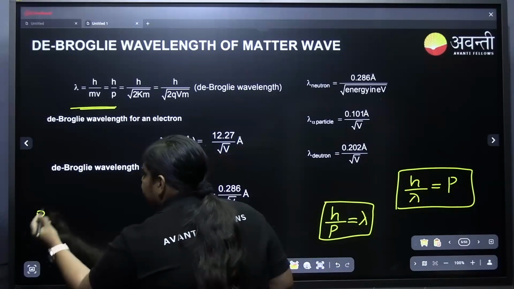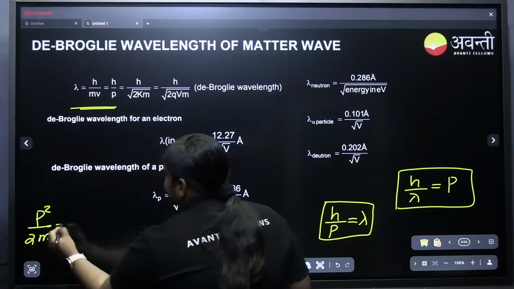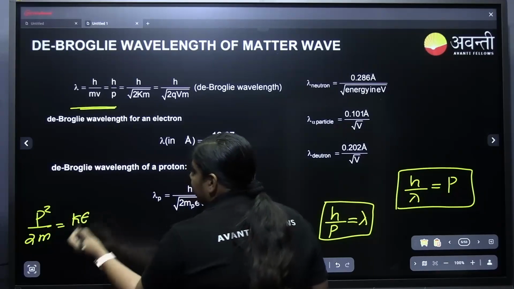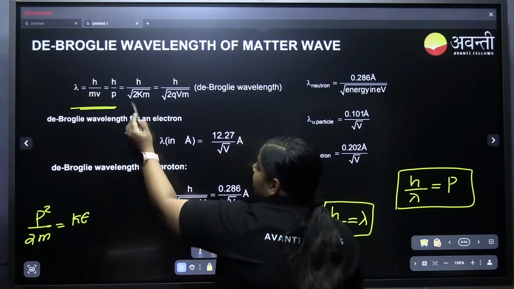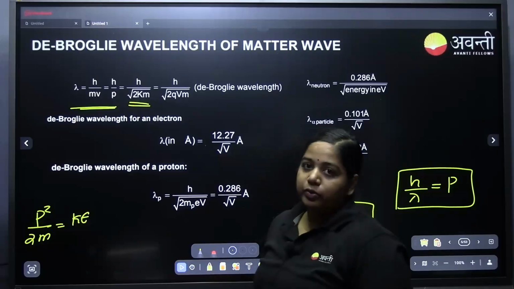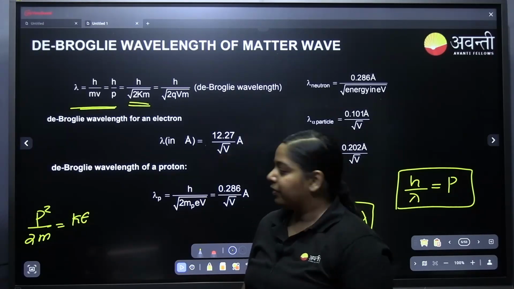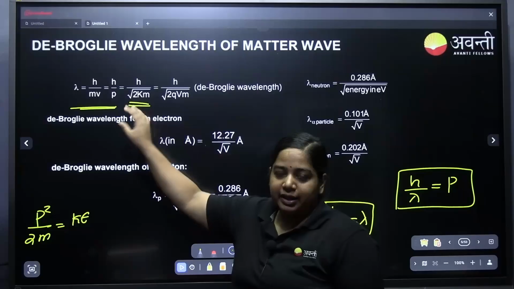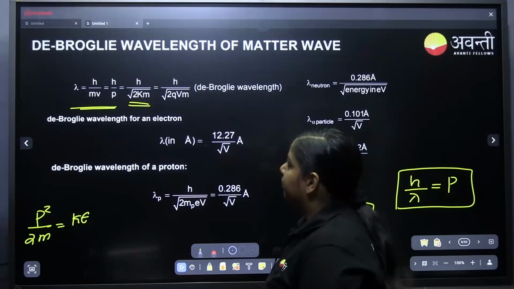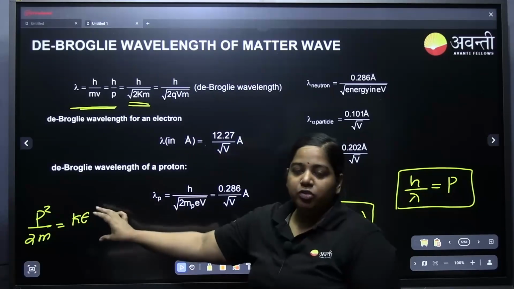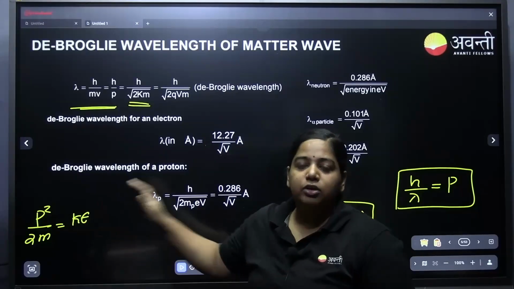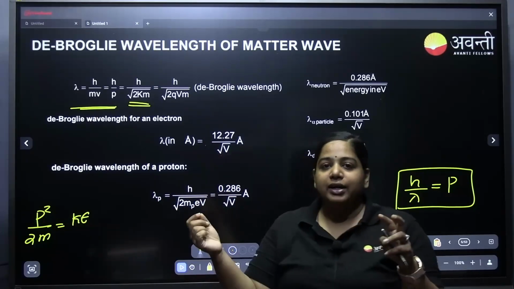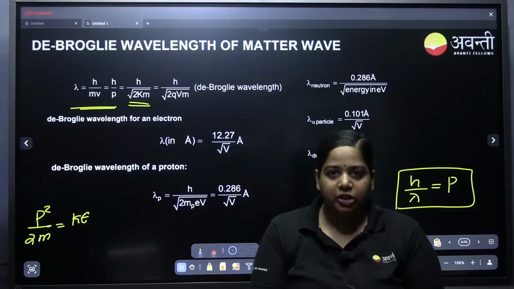Now p square by 2m is equal to kinetic energy. From this we are getting this formula, h by root of 2mK, where m is the mass of the particle and K is the kinetic energy of the particle. Now let's say that instead of giving kinetic energy, the question says a particle is accelerated through a potential.